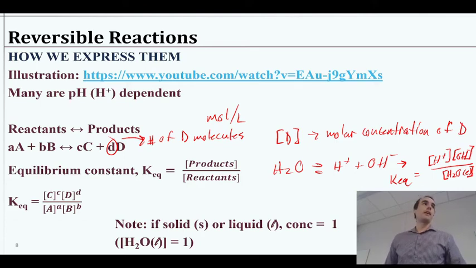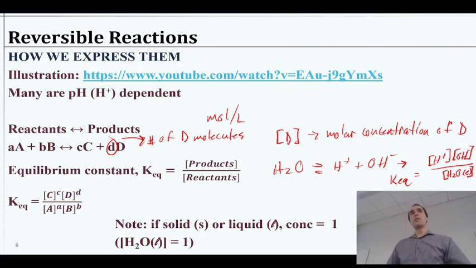All right, so the caveat is, what's the concentration of water? And the answer is it's kind of unity. It's as much as you're going to get, it's not really going to change so much if you change some of it into H plus and OH minus. It's so concentrated that anytime you're dealing with a system like this, it just ends up not mattering.